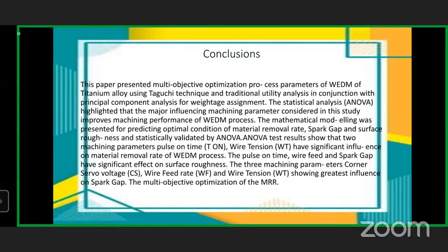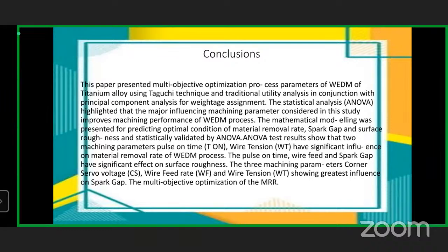And here are the conclusions. This paper presented multi-objective optimization of process parameters of wire EDM of titanium alloy using the Taguchi technique and traditional utility analysis in conjunction with principal component analysis for weightage assignment. The statistical analysis improves machining performance of the wire EDM process.